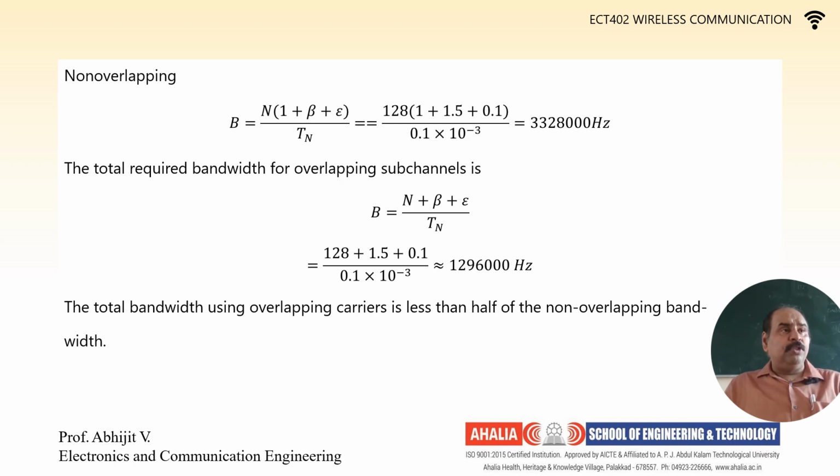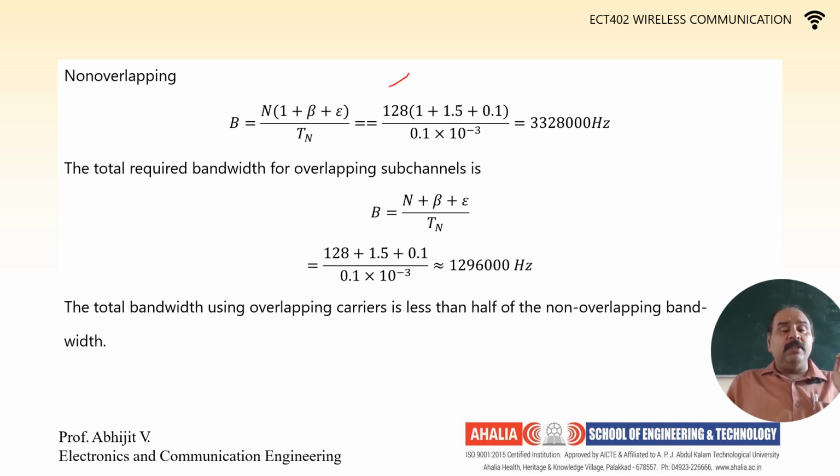Let us now solve this problem. So we know that for non-overlapping channels, the total bandwidth B is equal to n into (1 plus beta plus epsilon) by Tn. So we are considering first the non-overlapping condition, which we have seen. We have seen one problem in the previous class also. Now we are finding the total bandwidth B. We have been given all these values.